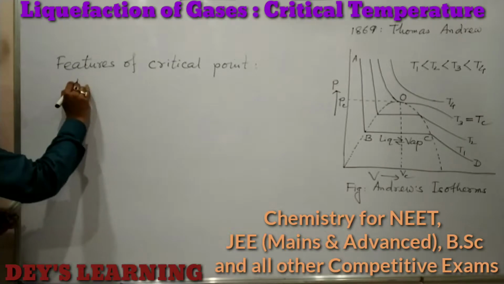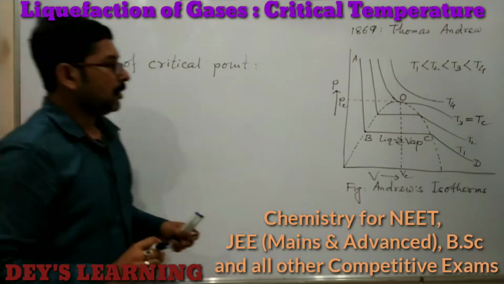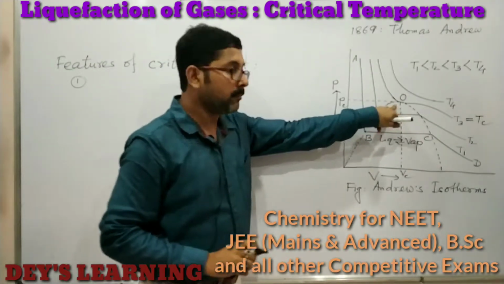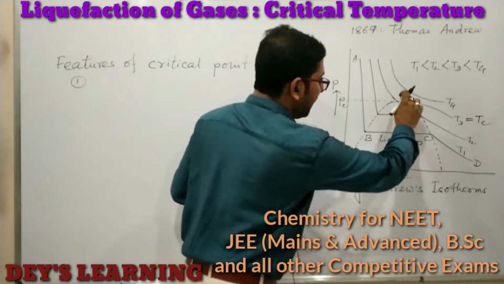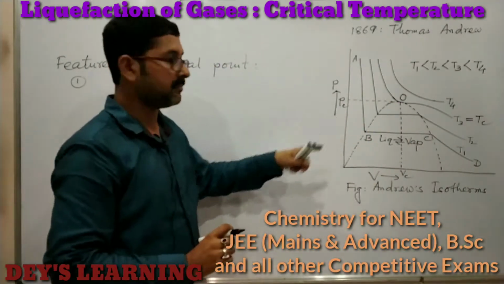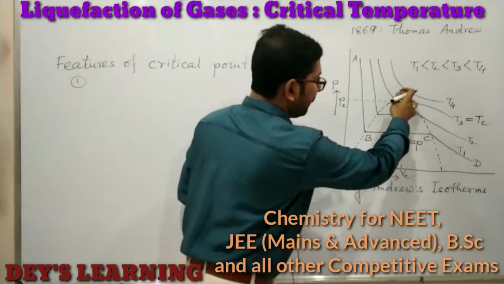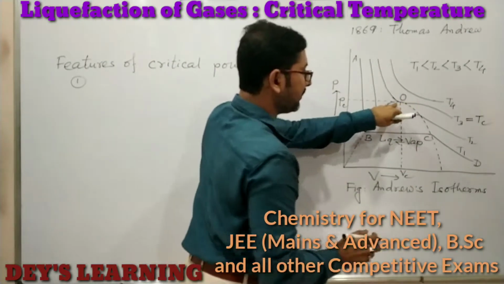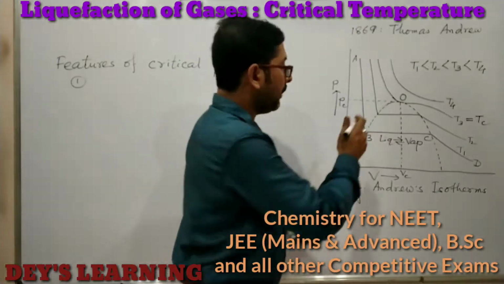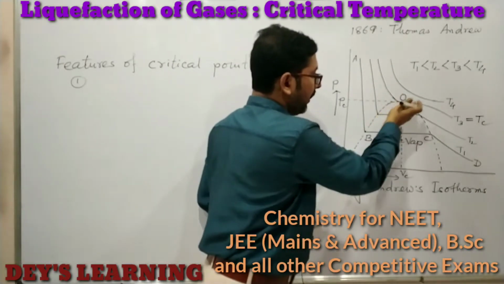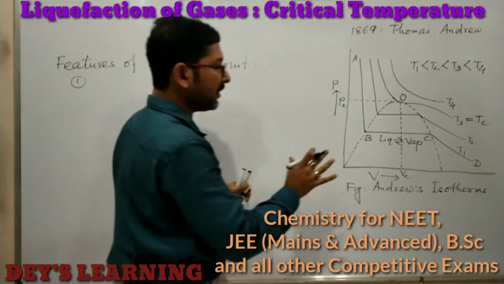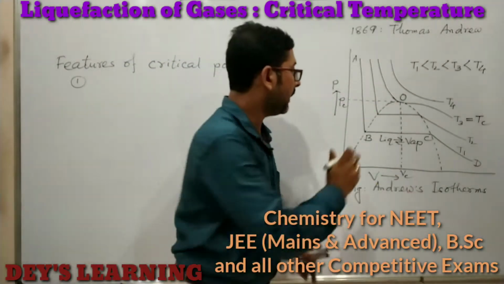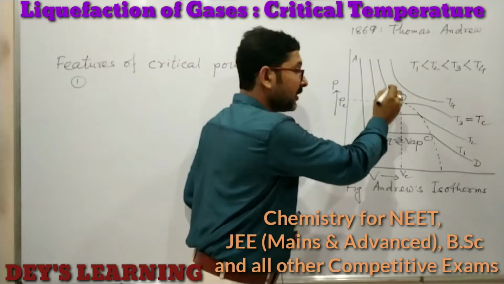Number 1, look at this point O. At the critical point, actually the vapor phase and the liquid phase coexist. That actually the gas and liquid coexist at this temperature, at this point, because above this temperature there is no existence of a vapor. The vapor is converted into gas.